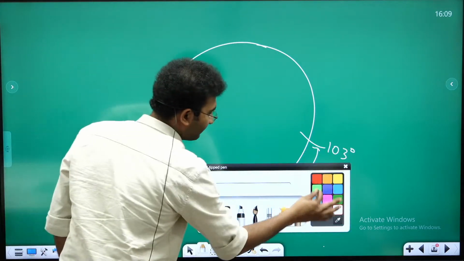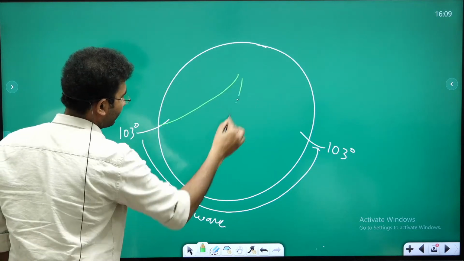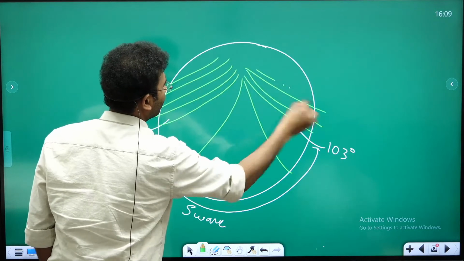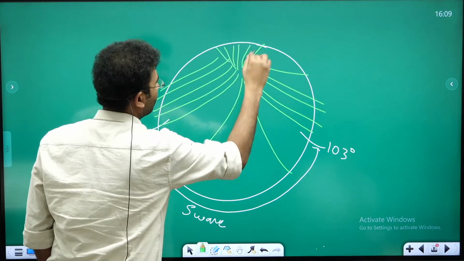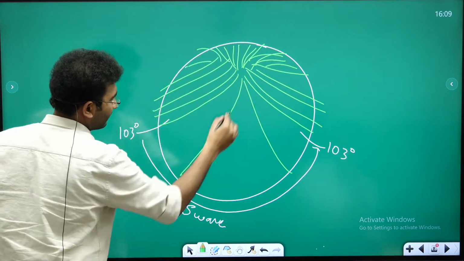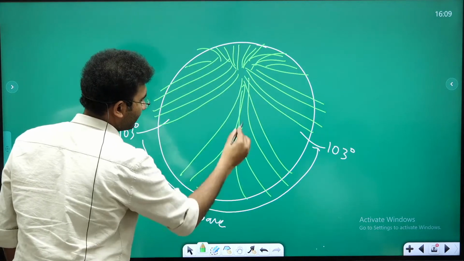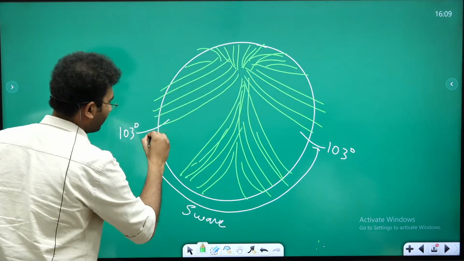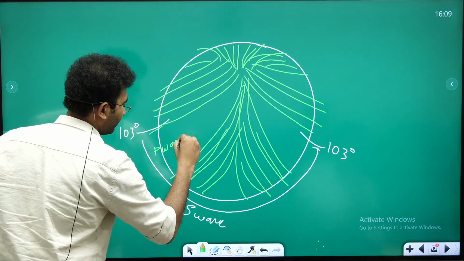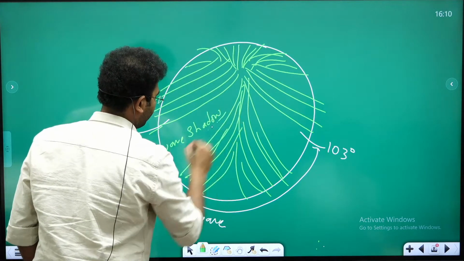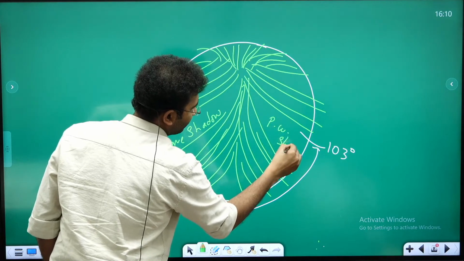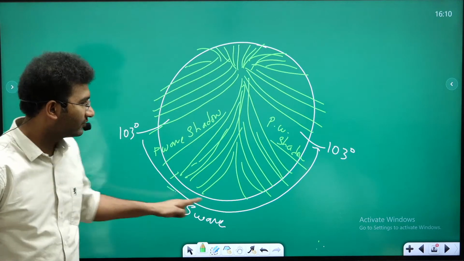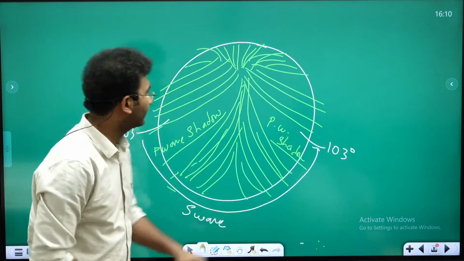But the P wave shadow zone, this is your P wave shadow zone, right? Now the S wave shadow zone is very large. Now let me redraw it.